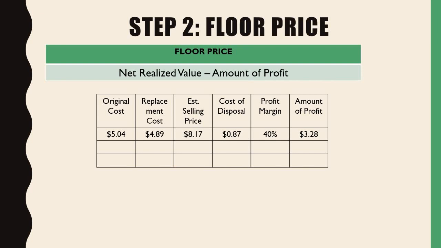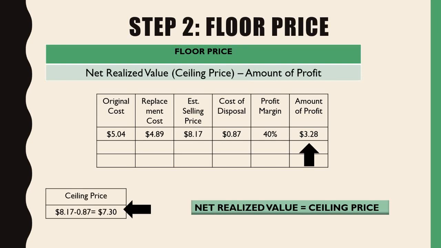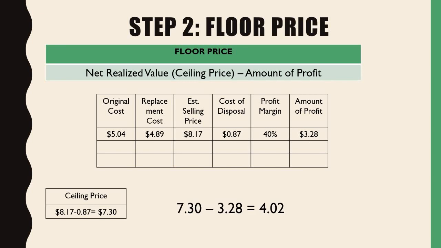So we take our ceiling price of $7.30, which is your net realizable value, and you subtract your amount of profit of $3.28, which gives you the lowest price point that you can sell it at, calculated at $4.02. So here we have the ceiling and we have the floor.